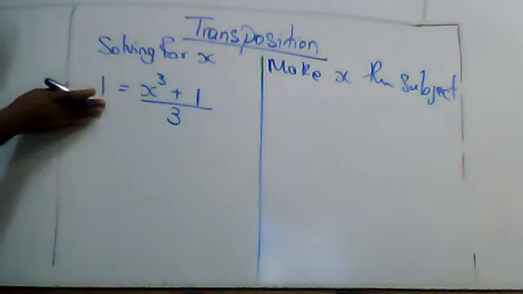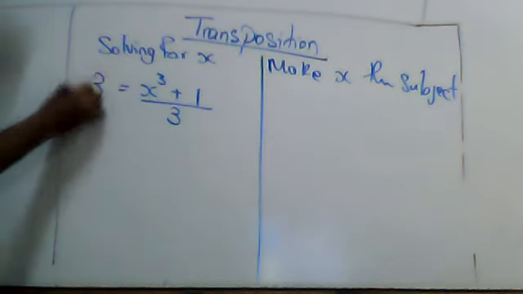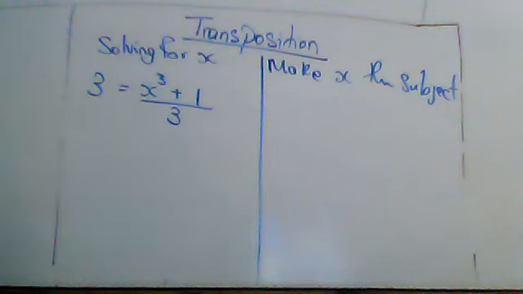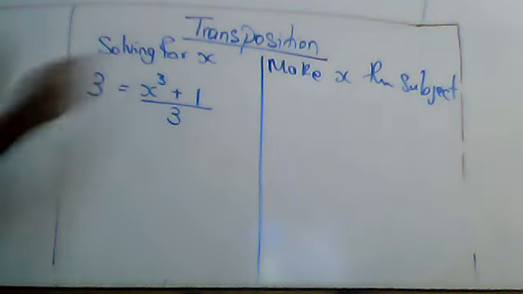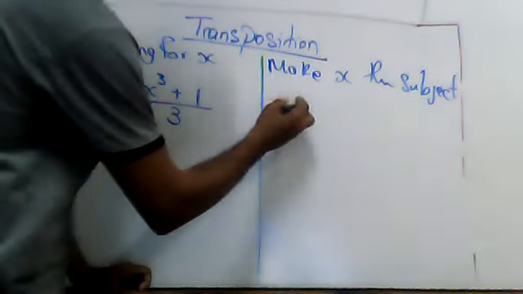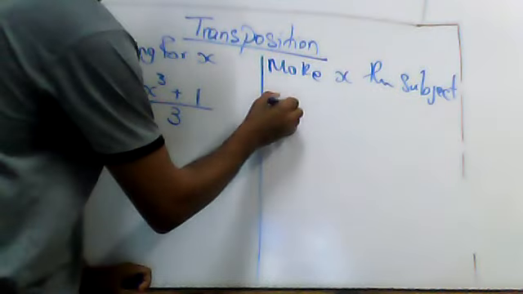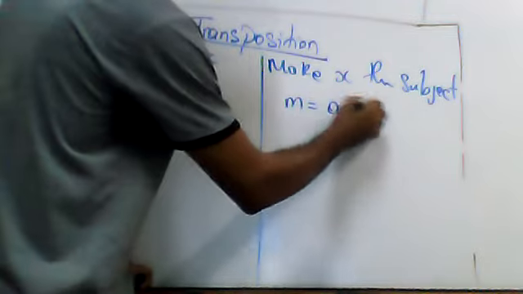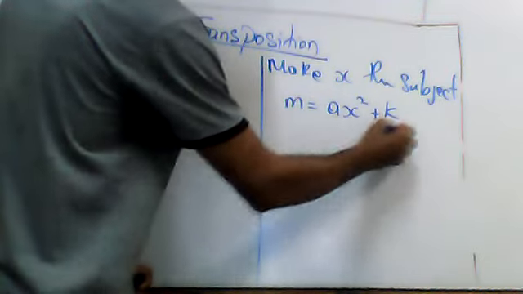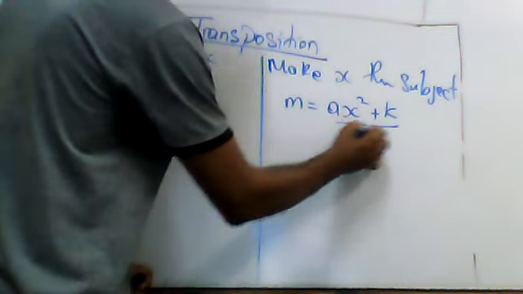I'm going to change this and put 3 here. So we need to solve for x here. And I'm going to give you a transposition question with that format: M is equal to ax cubed plus k all over, let's say, c.